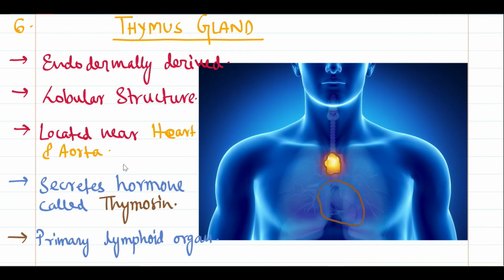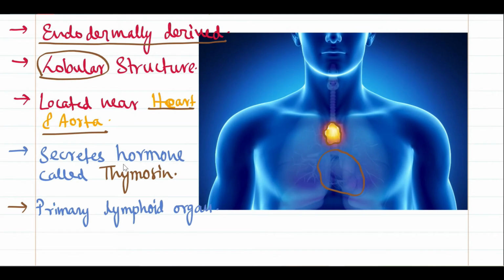Coming to the point, it is endodermally derived. It is lobular in structure. It is located near the heart and aorta, as we have discussed already, and it secretes the hormone thymosin.